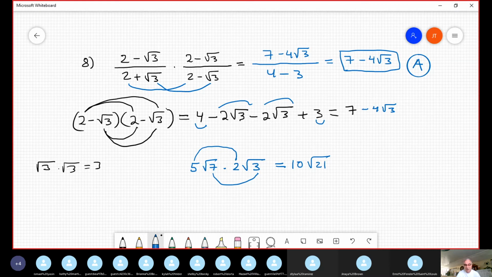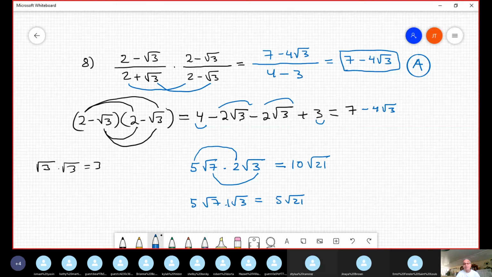They're different categories. Sometimes it happens, for example, 5 radical 7 times radical 3. You suppose that this number is 1, so it's 5 radical 21.